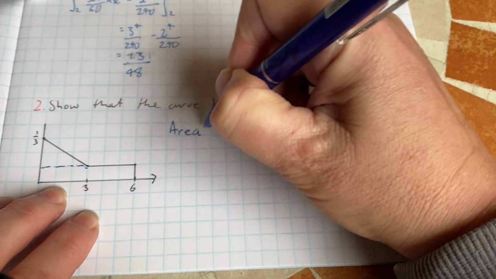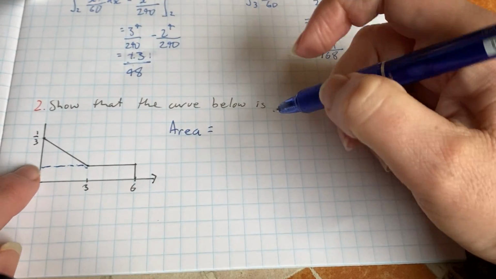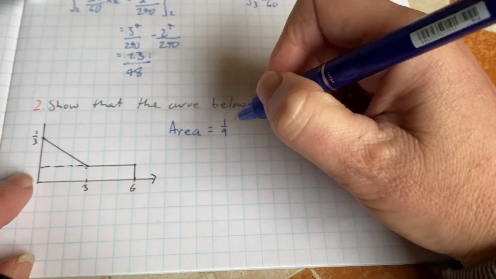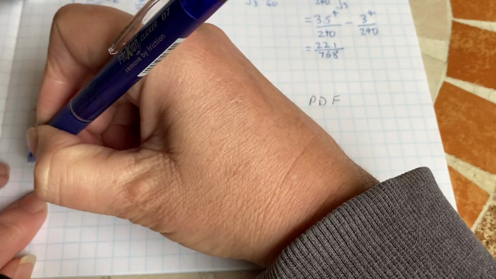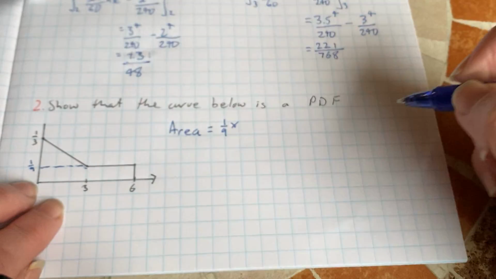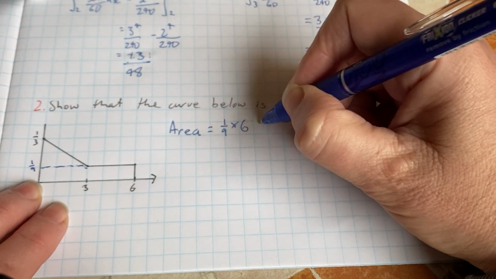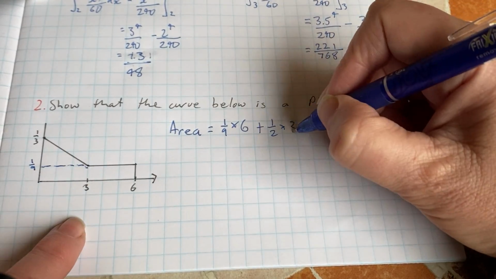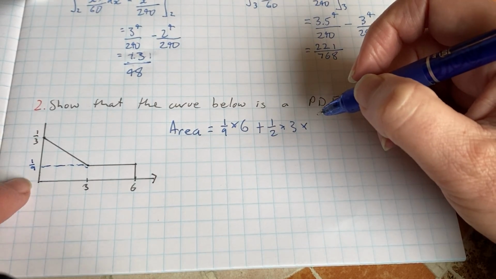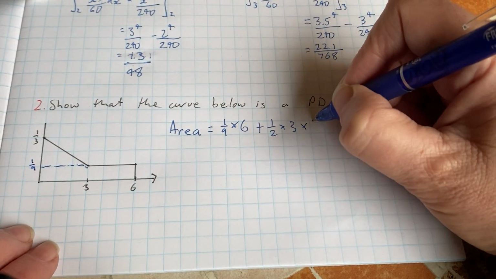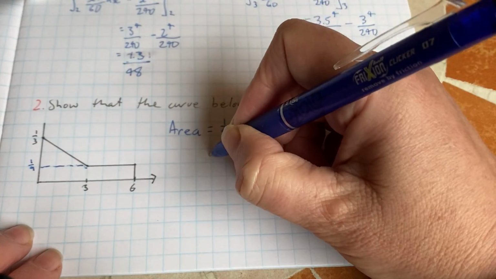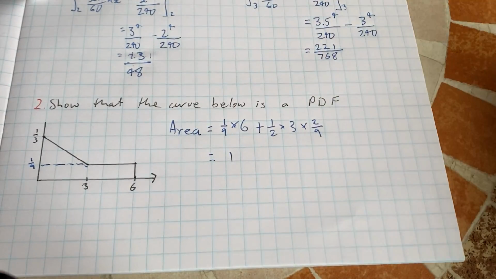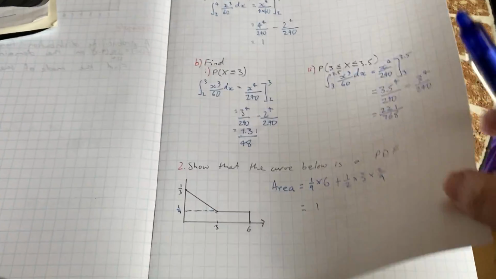So the area is, let's go the rectangle first, so the height of that is 1 on 9, times 6, plus the triangle, so half times the base, so the base is 3, times the height. So each of these is 1/9, so that would be 2/9. Put that all in your calculator, and yes, it equals 1, so yes, it is a PDF.